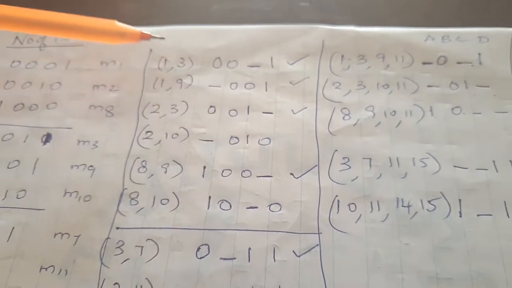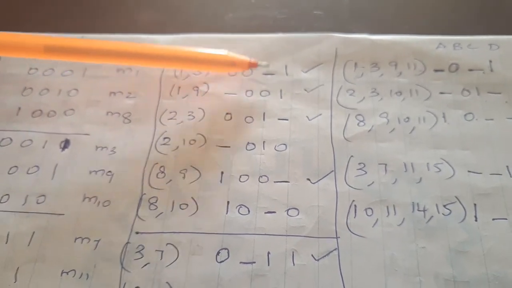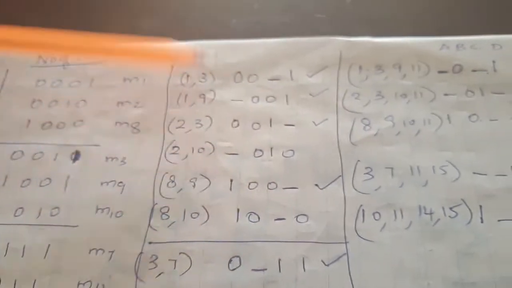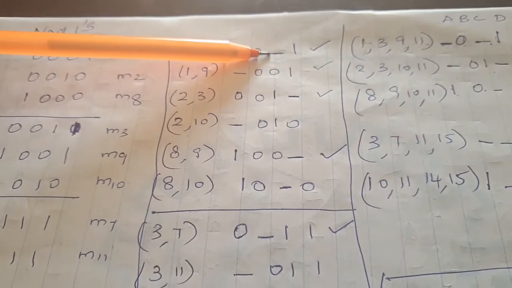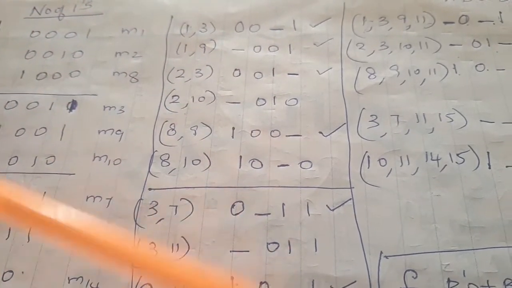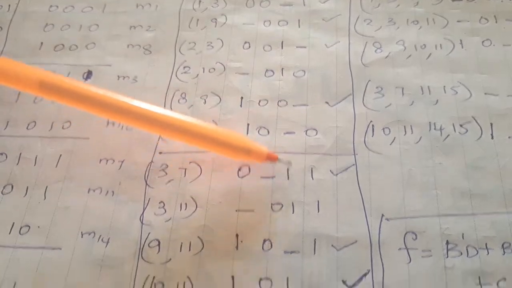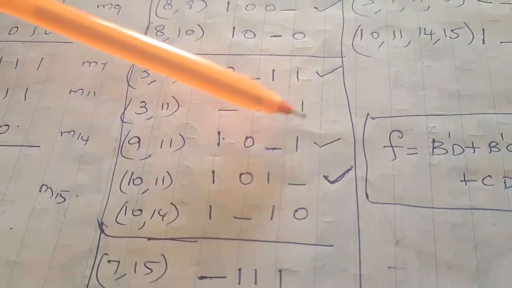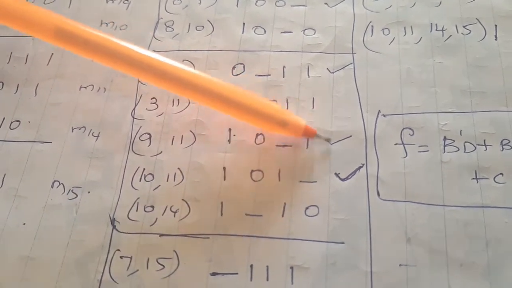You take the first element 1 comma 3, the dash is in the second position. Now this is one subset, this is the second subset, this is third subset. Now you find out the position of this dash available in any other subset. So once I take this dash, come to here, there you have this element 9 comma 11. Only one place you have the dash to be common.